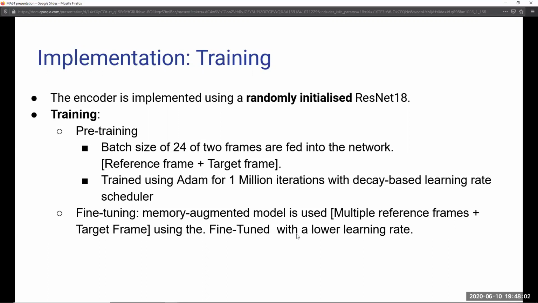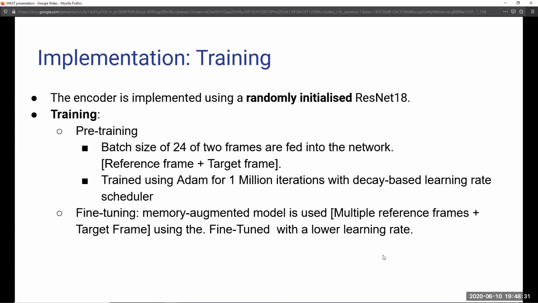In pre-training, batches of 24 pairs of frames are input into the network, where one of them is the reference frame and the other one is the target frame. Adam optimization has been used. Also, they've done about 1 million iterations on that. Their learning rate is based on a decay-based learning rate scheduler.